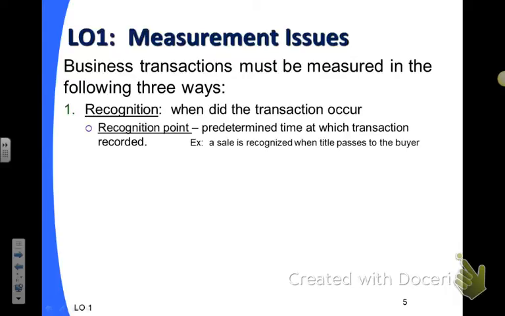Depending on how I'm going to pay for it, maybe in 30 days, I'm going to debit my desk asset and credit my accounts payable to Office Max. From Office Max's standpoint, at the point when they ship it to me, they're going to recognize a sale and an account receivable. So for both of us, that's when the recognition takes place.